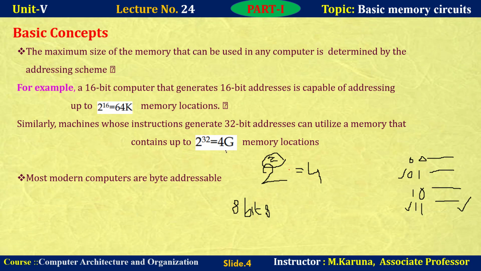Here 4 gigabyte, byte in the sense each location stores 8 bits. If the memory location size is 8 bits, then we can call it byte addressable. Like that, memory sizes can be varied by varying the address lines.